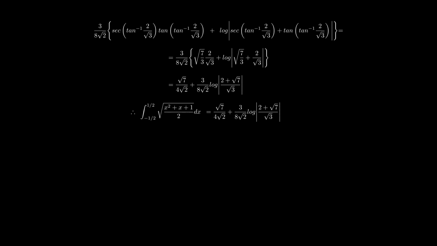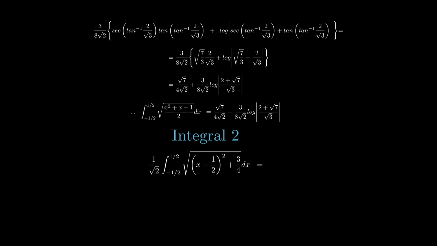Then we can now attack the second integral in the same manner, where we equate the x minus 1 over 2 component to the same root 3 over 2 tan theta, such that dx d theta will be equal to root 3 over 2 sec squared theta, and dx therefore is square root of 3 over 2 sec squared theta d theta.